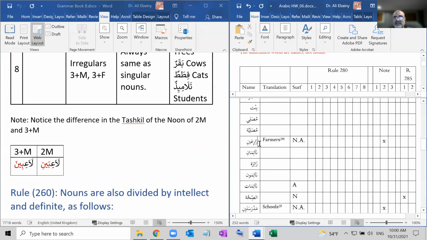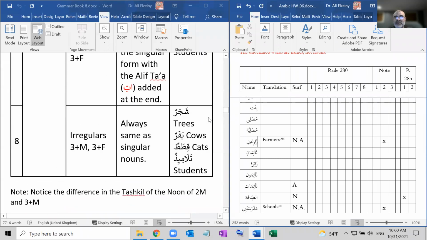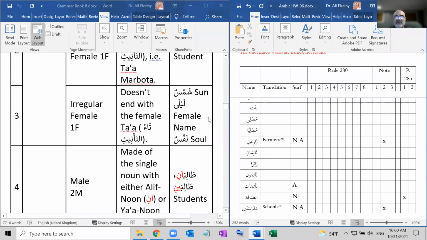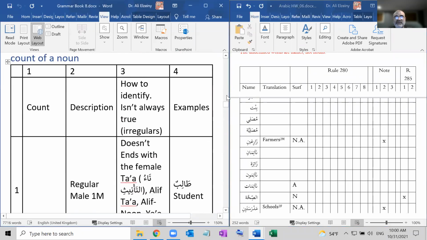The word zari'aini, it is two farmers and it's 2M. I determined it's 2M and it's farmers by using Google Translator and using rule 250. How do I know that? You go to rule 250.